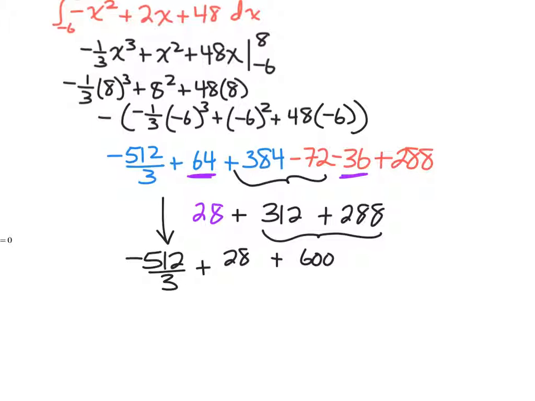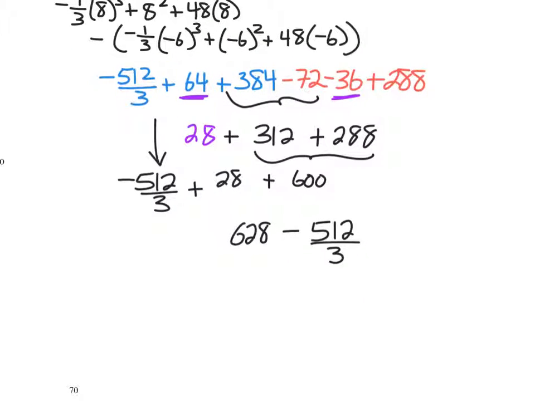All right, so the only issue is the common denominator part, 628 minus 512 over 3, not as fun, but doable, I guess.